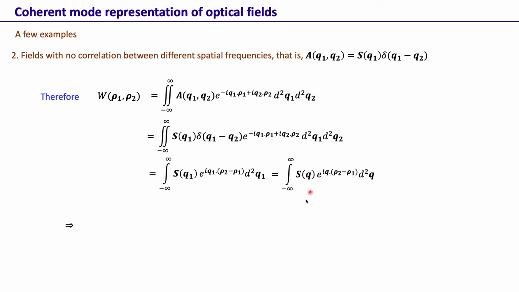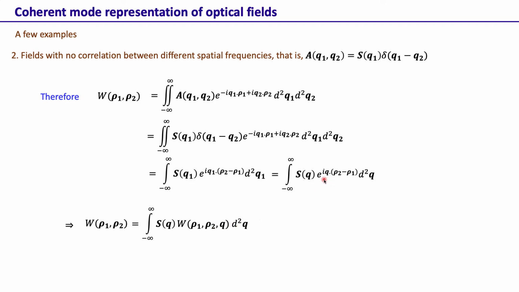Now this quantity we can write as W(rho 1, rho 2; q), and that's how we can write W(rho 1, rho 2), the cross spectral density function of a partially coherent field, like this, where this is the cross spectral density function corresponding to a fully coherent field, because there is no ensemble averaging here. We are adding this q just for the labeling.